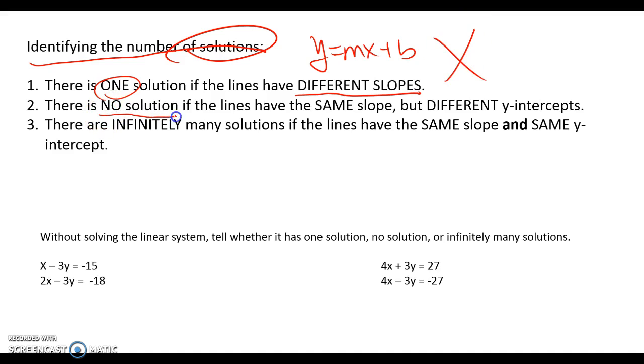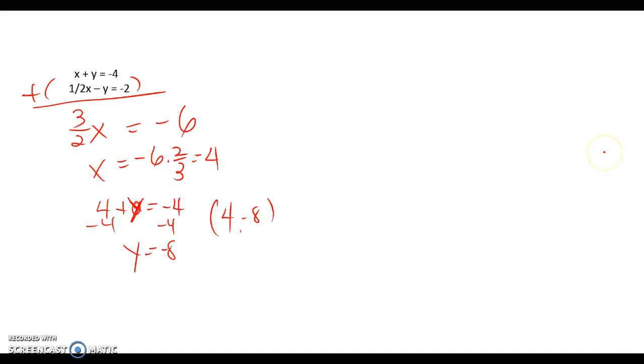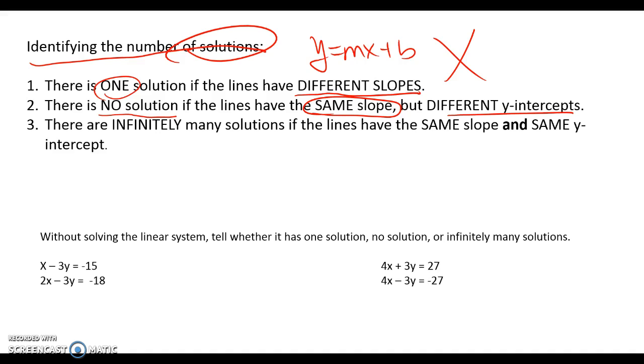There'll be no solution if we have the same slope but different y-intercepts. That's what we had right here. And there'll be infinitely many solutions if they have the same slope and the same y-intercept, which means they are basically the same line.